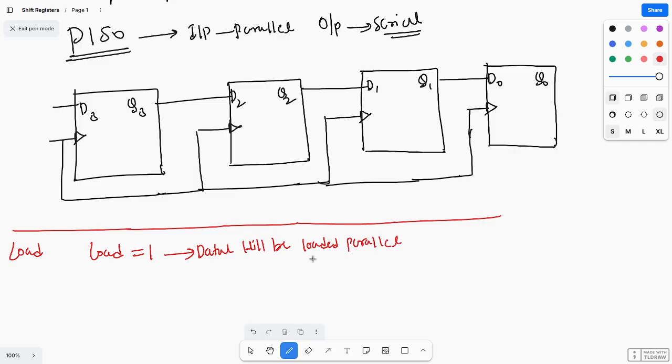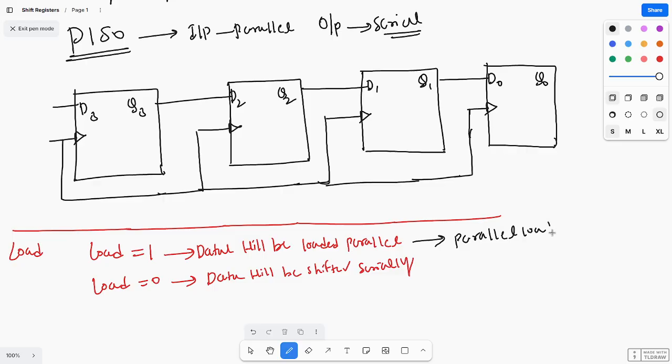And when load equal to 0, data will be shifted serially. Means when load equal to 1, it does a parallel load operation, 4 bits of data at a time. And when load equal to 0, what operation is it doing? Shift operation.